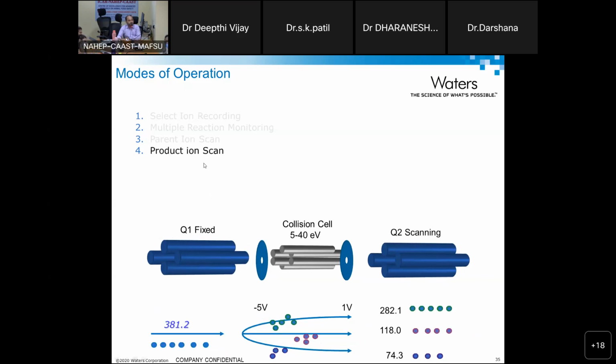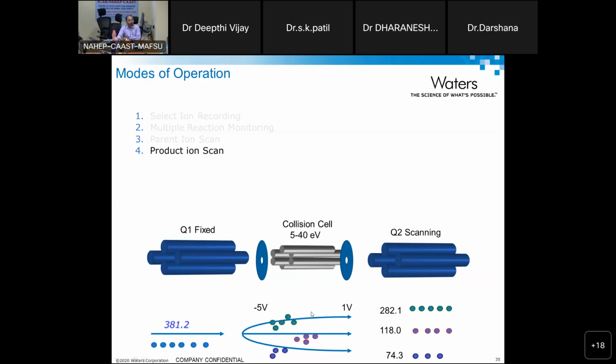Next is product ion scan. Here we are trying to find out the different fragments or daughters of a particular parent ion or precursor ion. That's why the second quadrupole is kept in scanning mode and the first quadrupole is kept in fixed mode. Let's say you want to identify the daughters of this particular ion. This ion will move to the collision cell, wherein fragmentation will happen by applying a particular collision energy and argon gas.